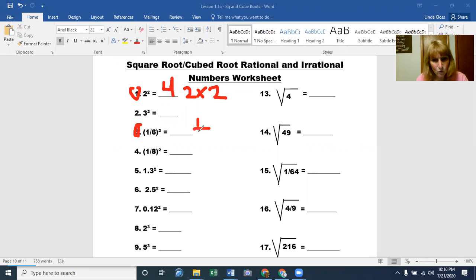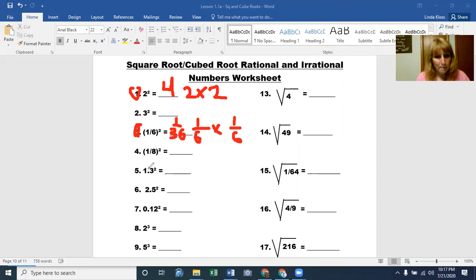That's the same as 1/6 times 1/6. So what would that give you? 1/36, because 6 times 6 on the bottom is 36. Correct.